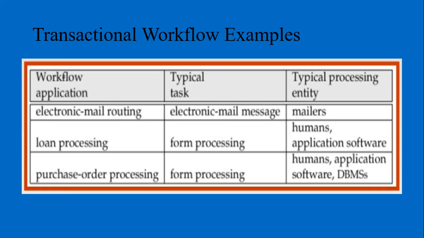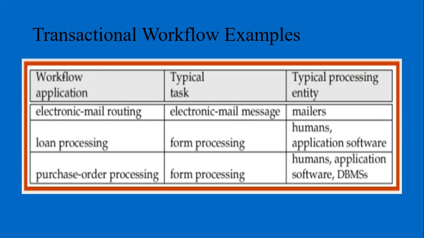Now let us see a few examples related to transactional workflow, which include tasks associated with the workflow application and their processing entities. The first one is electronic mail routing, that I have already discussed previously. It passes messages through various mailer systems until the message reaches its destination. The second one is loan processing. Previously, loans were processed by humans only, by manually filling up the forms.